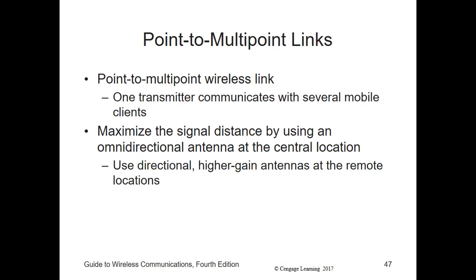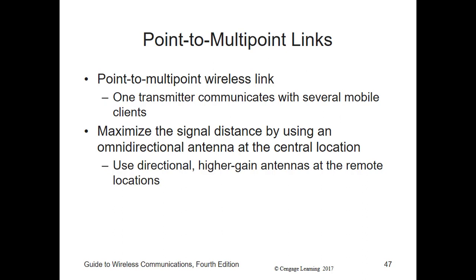In most wireless communication applications, one transmitter communicates with several mobile clients, and this is called a point-to-multipoint wireless link. If the receiver is installed in a fixed location, as in the case of, say, a central building in a campus, with wireless links to other buildings, it is possible to maximize the performance of an RF link by using an omnidirectional antenna at a central location, or a directional higher gain antenna at the remote.